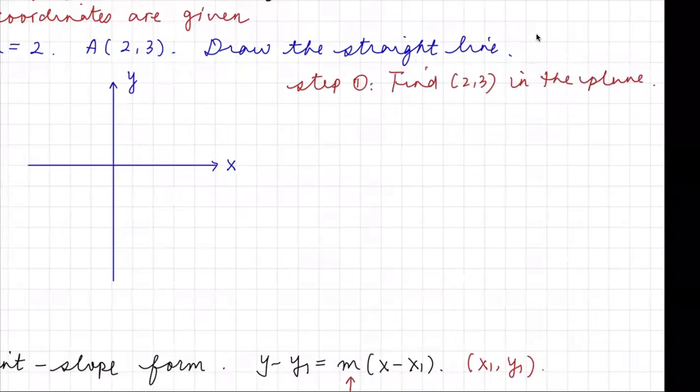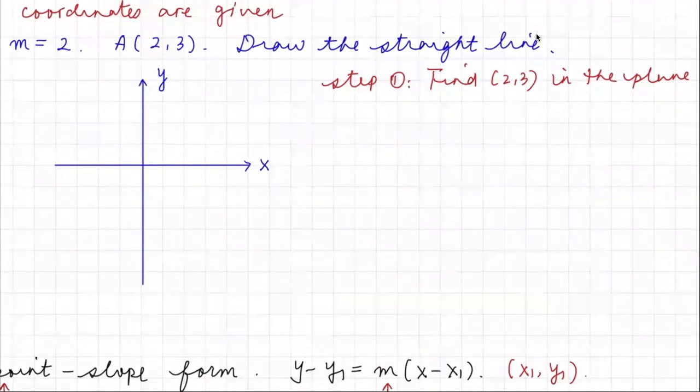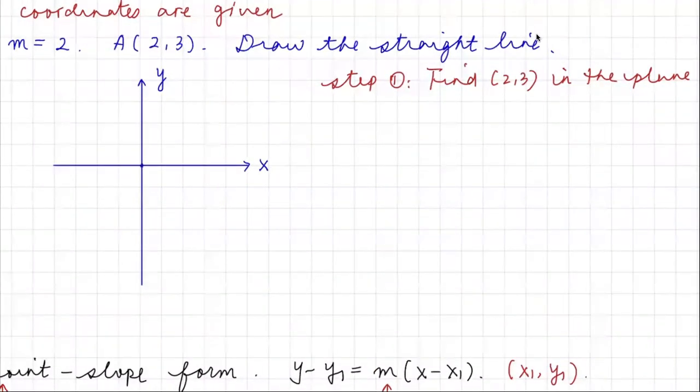So let's find 2, 3. We know that this is 0, 0, right? We've done this too many times. So 1, 2, then 1, 2, 3. So this is 2, 3. This is A, right? So the first step is done.